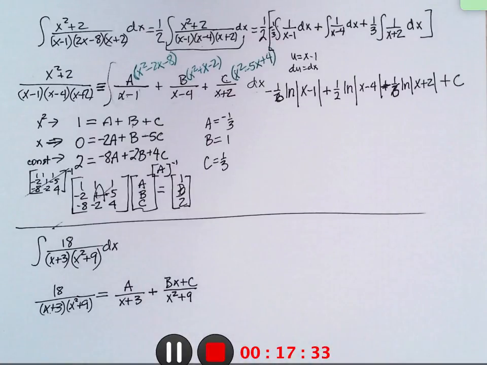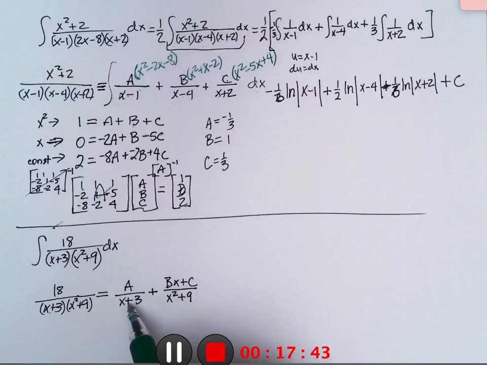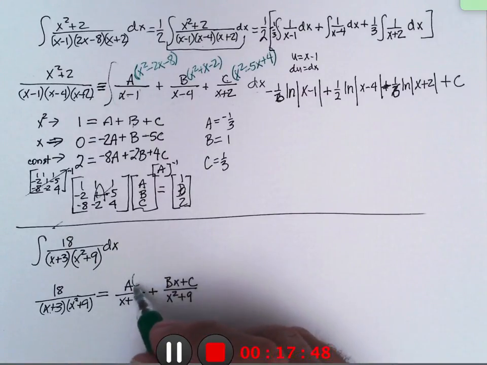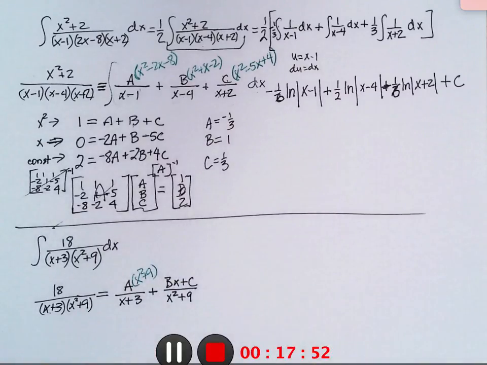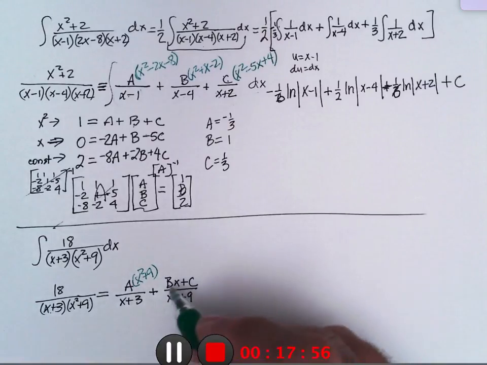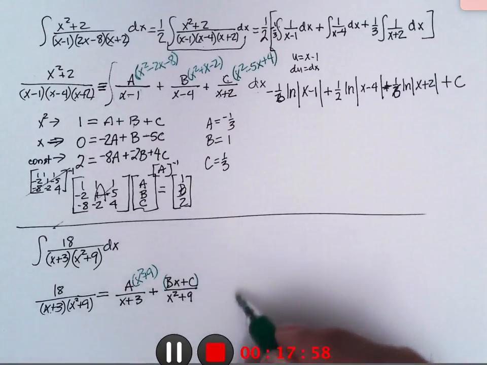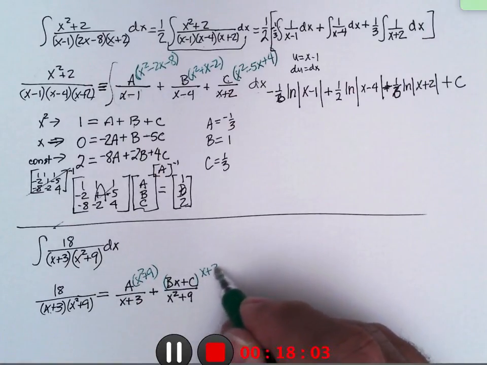Now, if we were to add these two, we'd have to get a common denominator. So this fraction would have to be multiplied by x squared plus 9, numerator and denominator. And this one would have to be multiplied by that factor, which is x plus 3, both numerator and denominator.